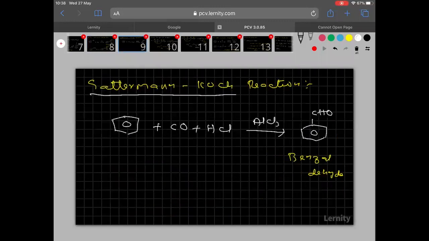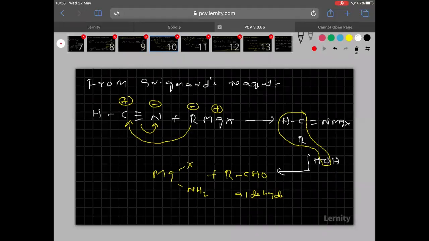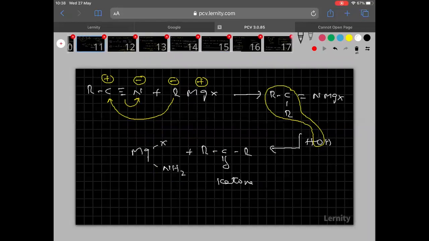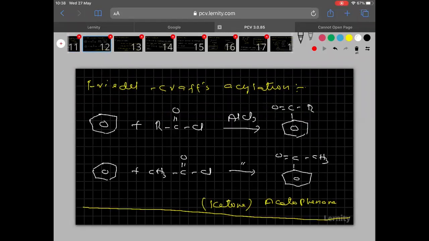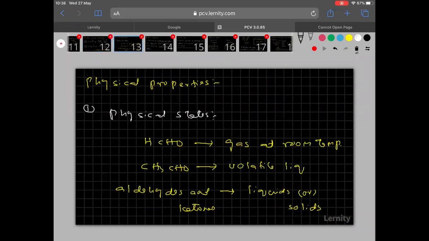Now the ninth one, this one. Tenth slide. Eleventh slide. Twelfth slide. Thirteenth slide.